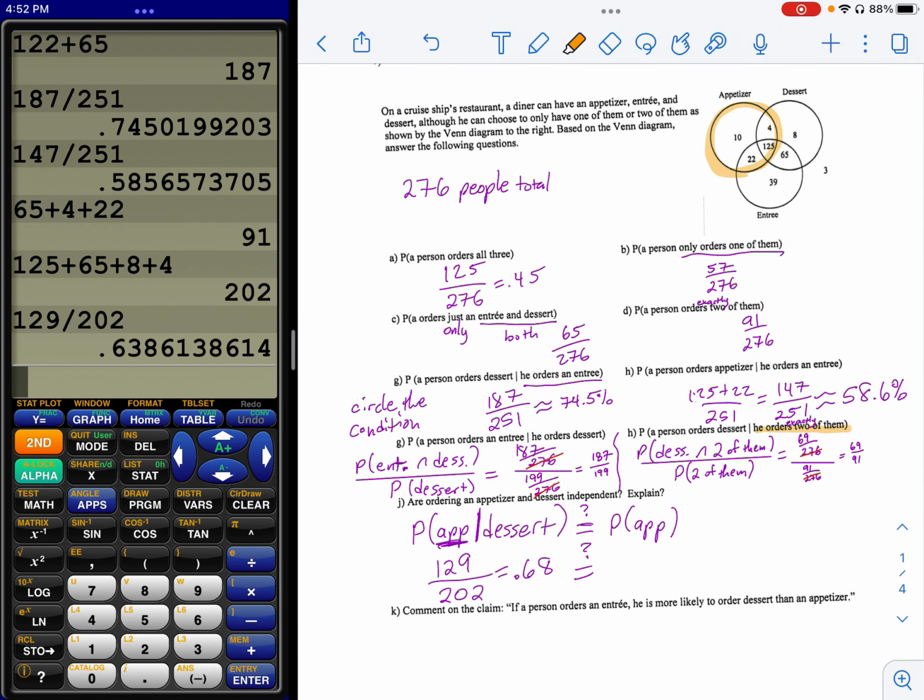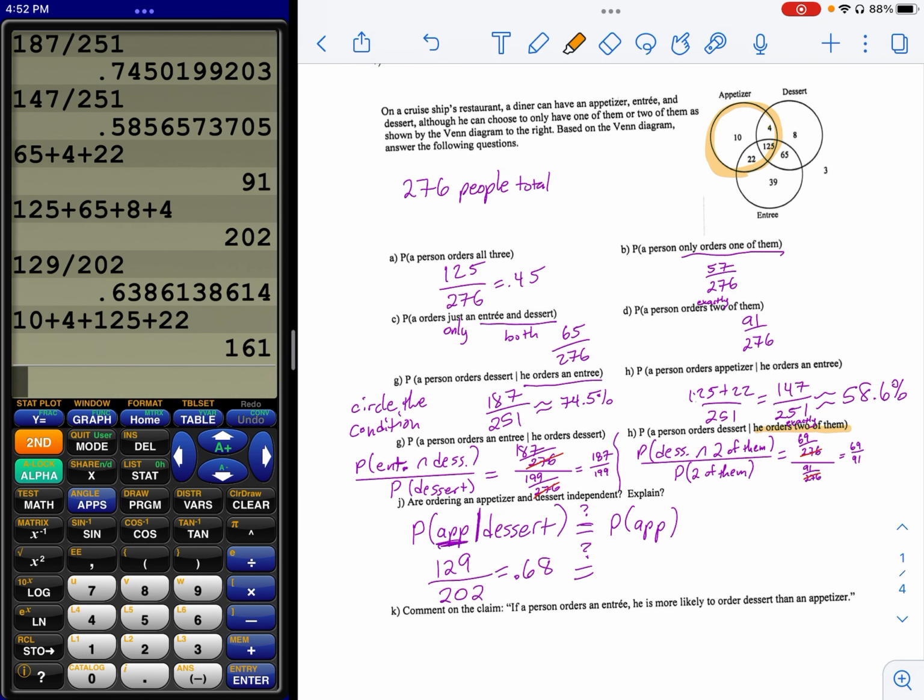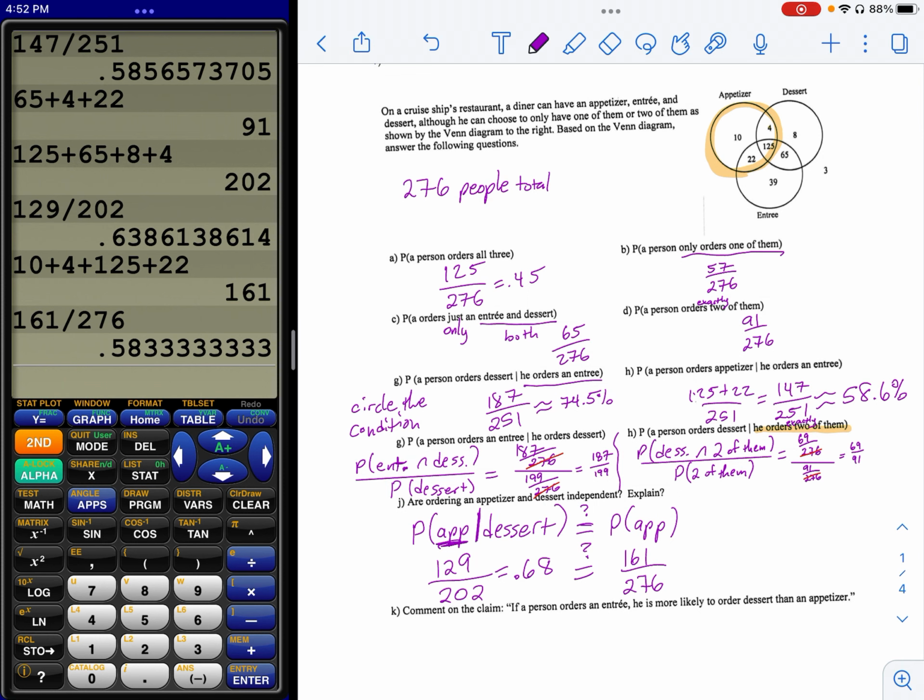So I'm going to add up those numbers: 10 and 4 and 125 and 22. 161 out of 276. That's the grand total because there's no condition here. So that's 58%. Are they equal?